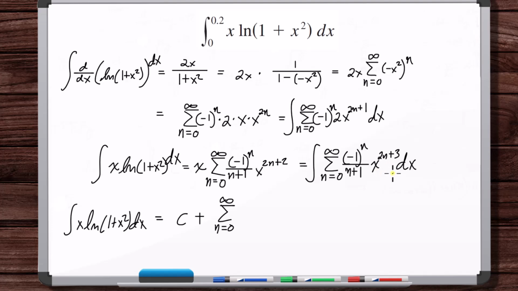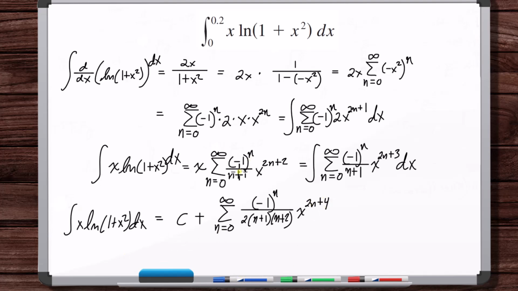It's going to be over 2n plus 4. We could factor out that 2 and get 2 times n plus 2. So we'll have 2 times n plus 1 times n plus 2, and then x to the 2n plus 4.